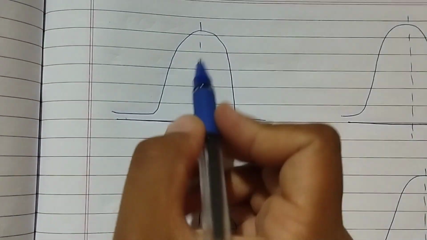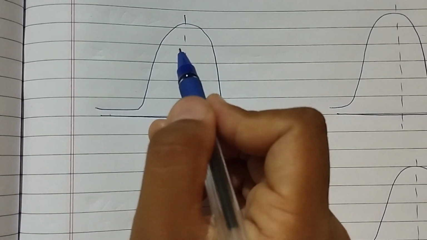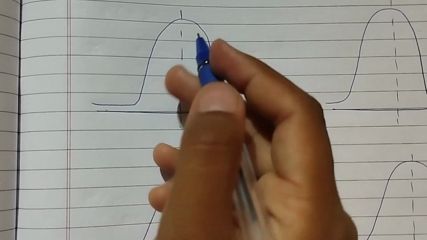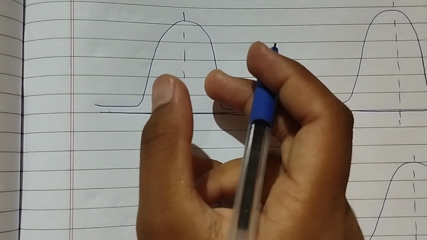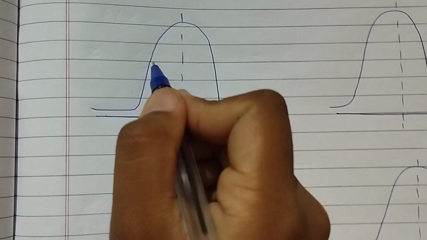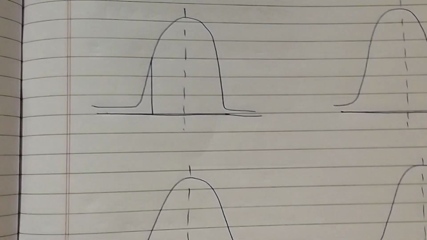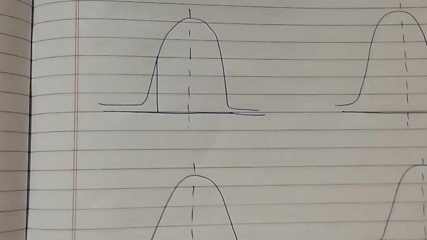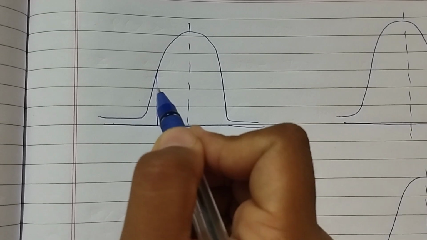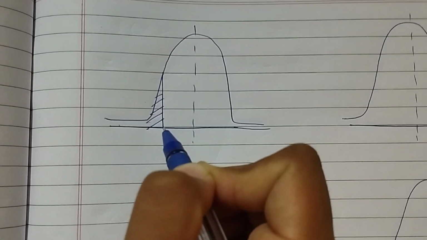But if the question is to find x which is smaller than something, suppose 2, then first, as usual, we find the value of z and draw it. If the value of z is negative, and the question is below that value of z, then below means smaller, and all the smaller values are on the left side of the curve.